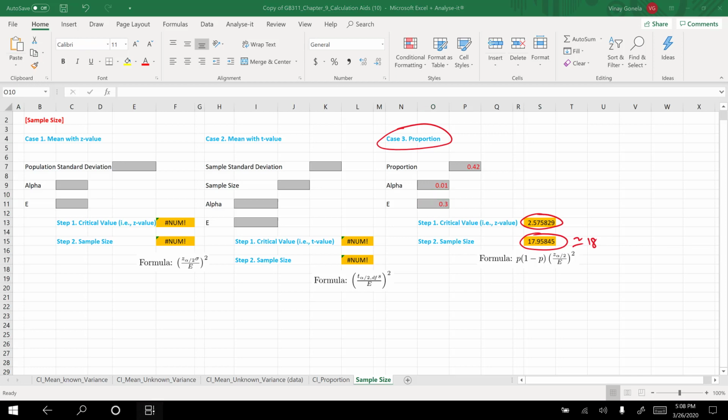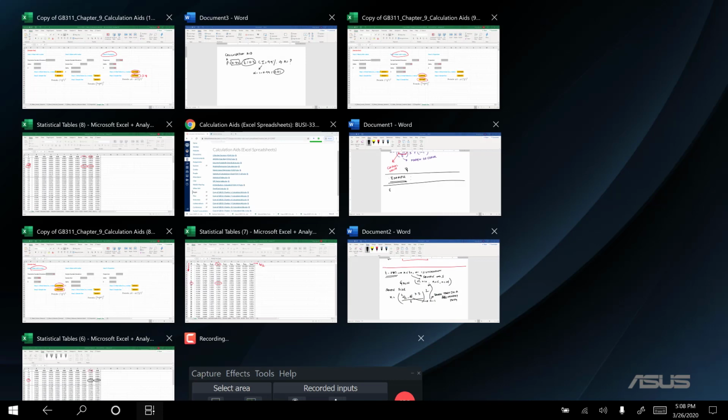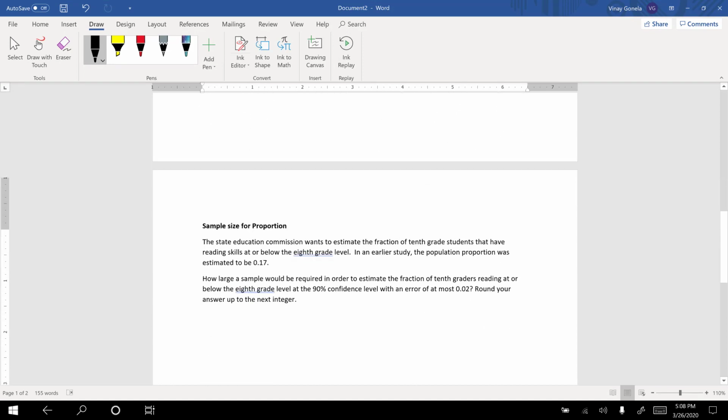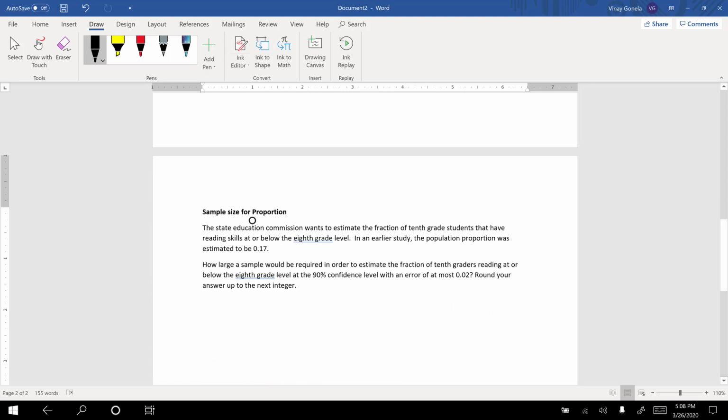So I will again try to solve one more Hawkes problem on proportion before concluding this lecture. I copied this from Hawkes Learning to the Word document. We have a state education commission who wants to estimate the fraction of 10th grade students that have reading skills at or below 8th grade level. In an earlier study, the population proportion was estimated to be 0.17.